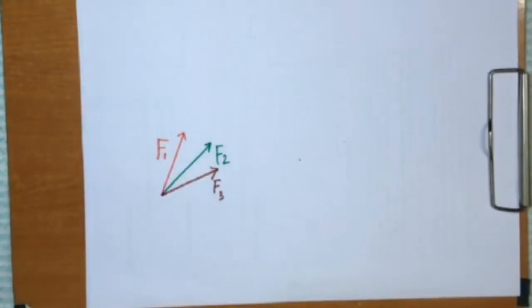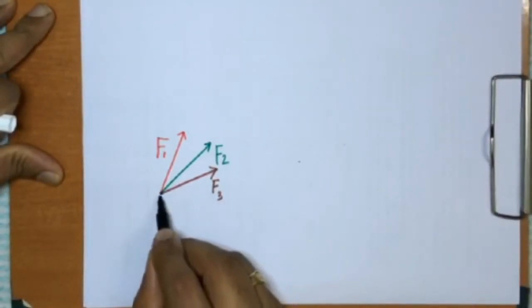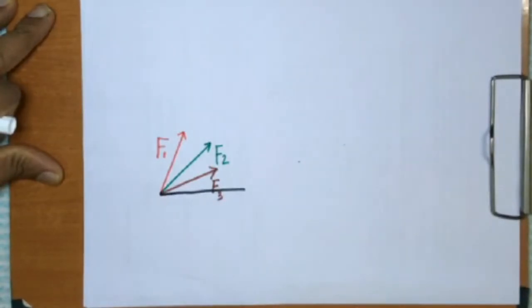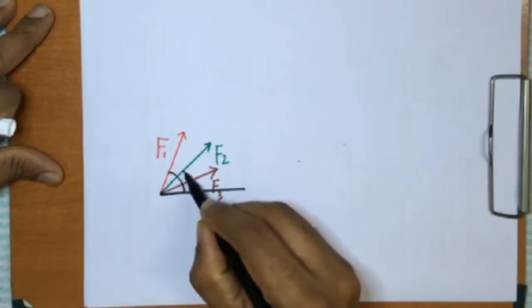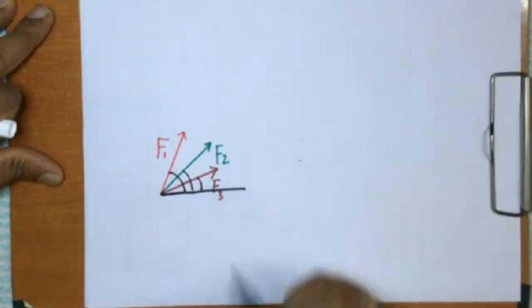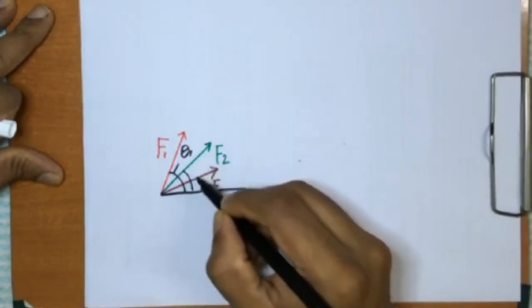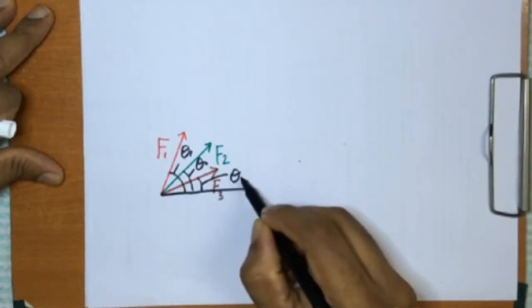These forces are acting about an axis. Say, let me consider this as the axis line. These forces are acting at different angles, and let us define this as theta 1, this to be theta 2, and this to be theta 3.